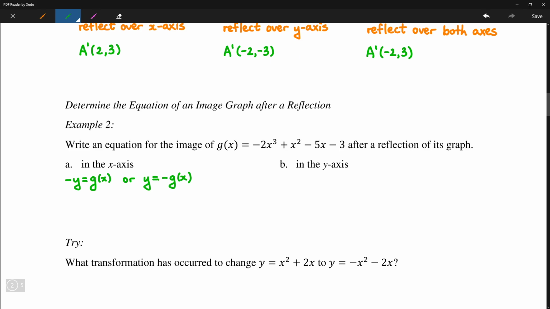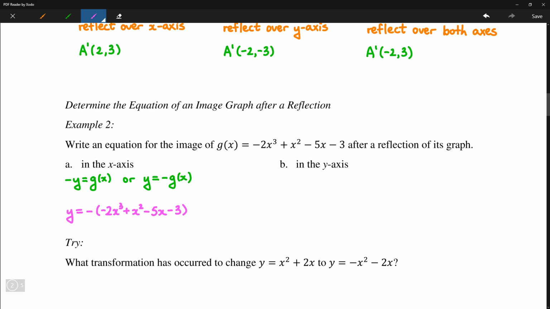So that means instead of this original equation here, what we'll have instead is y equals negative g of x. So g of x, of course, was -2x cubed plus x squared minus 5x minus 3.